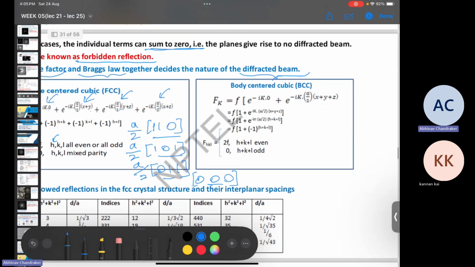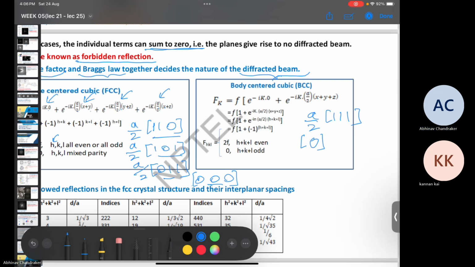In case of BCC, we know that the atoms sit at the body center and the corners, and you can denote this crystal structure by considering atoms at a by 2 into 111 and the origin.